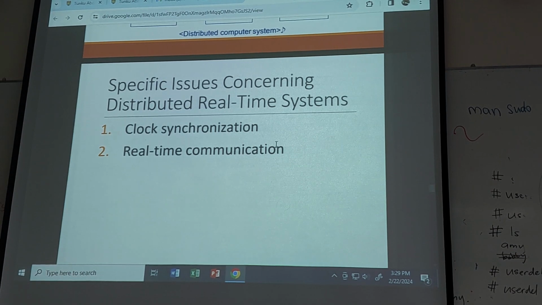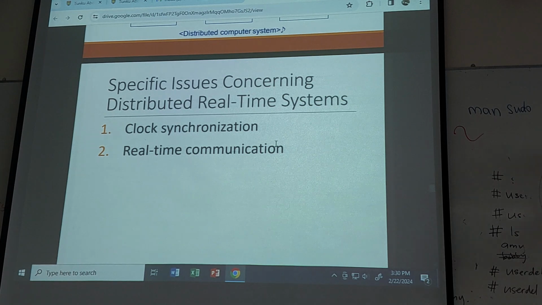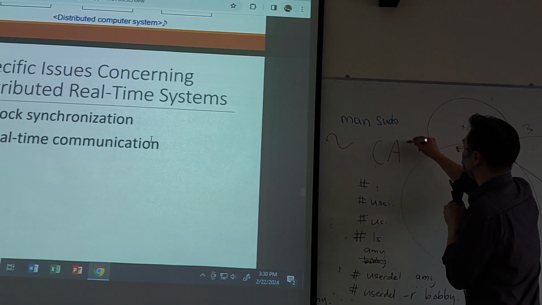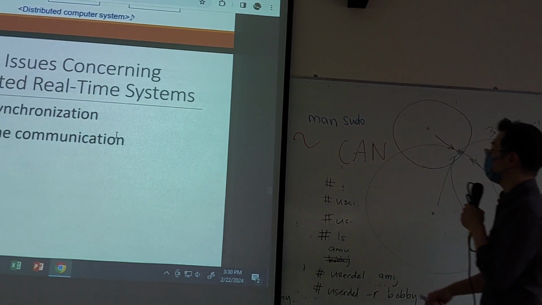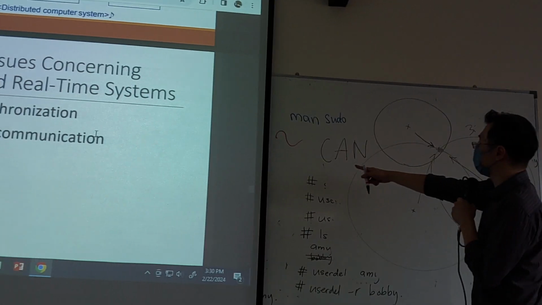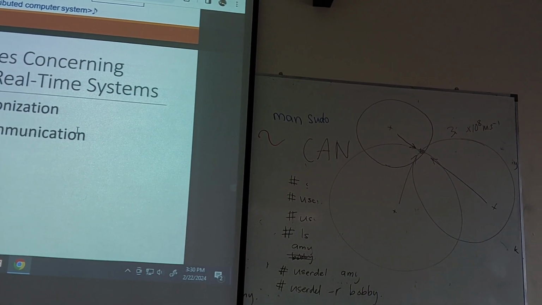The only advantage it has over the internet is the real timeness. When the data is sent, you can prioritize which message is more important and then transmit that one first. It's called CAN. If you want to know more, you can go and find out. CAN is car area network.